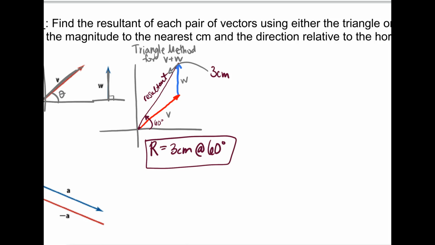Gabe, where did you get 3 centimeters from? I just measured his resultant vector. I literally went up to his resultant vector, measured 3 centimeters. That's like genius material. So, good job.